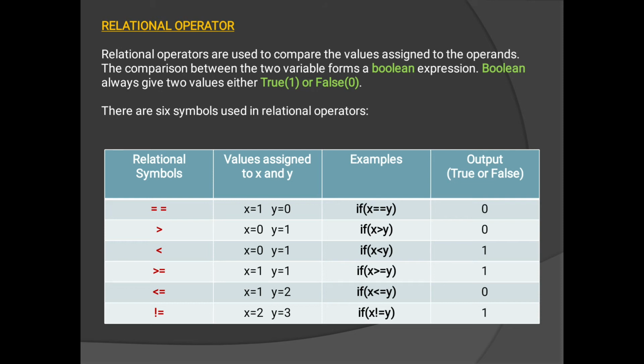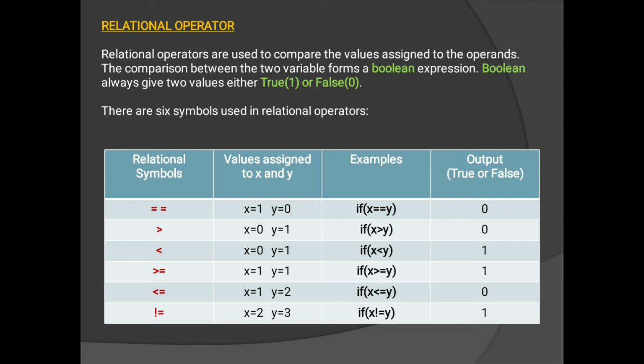So here the output should be 1. The test condition is true. So if suppose here x is 1 and y is 1, 1 is less than 1, no. 1 is equal to 1, yes. In that case also the output will be true, which is 1.